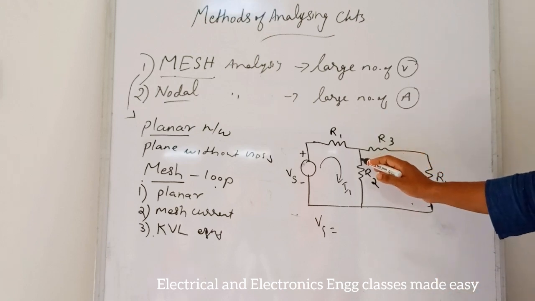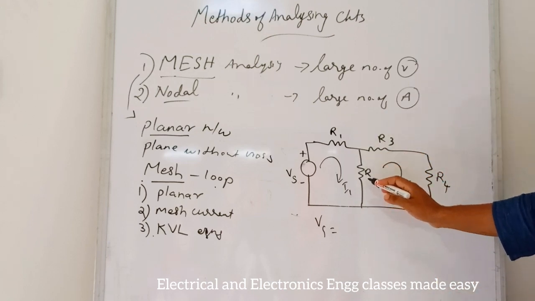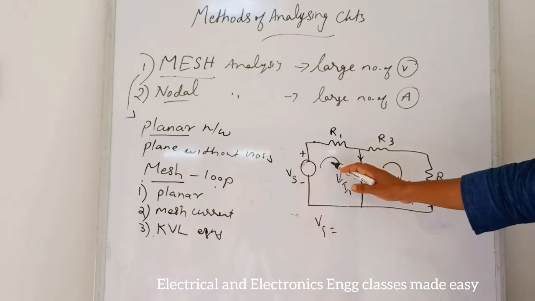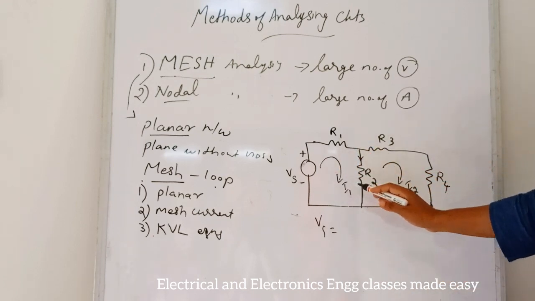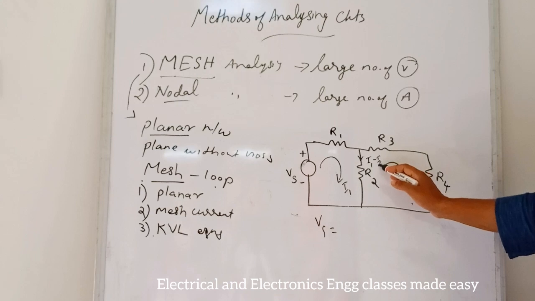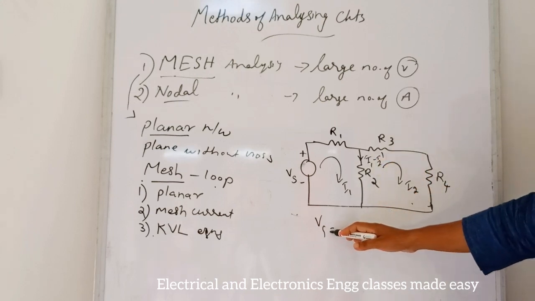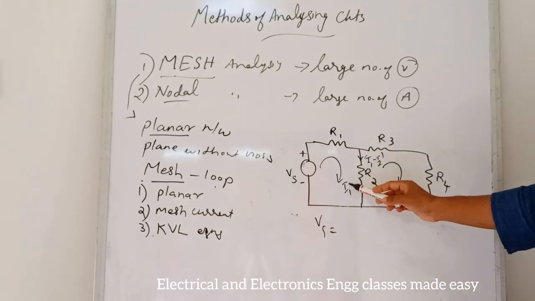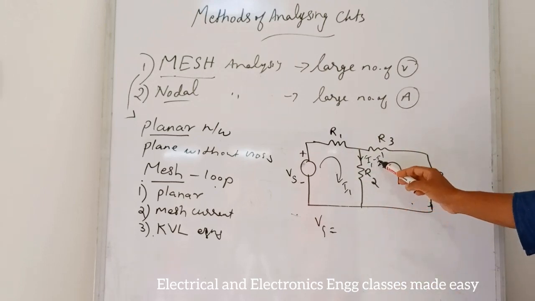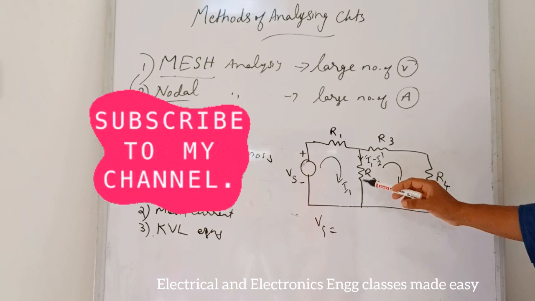Then what will be the current through this branch R2? Through this branch, the current I1 is flowing in this direction and I2 in this direction. So the current here will be I1 minus I2. So we can write I1 into R1 plus (I1 minus I2) into R2.